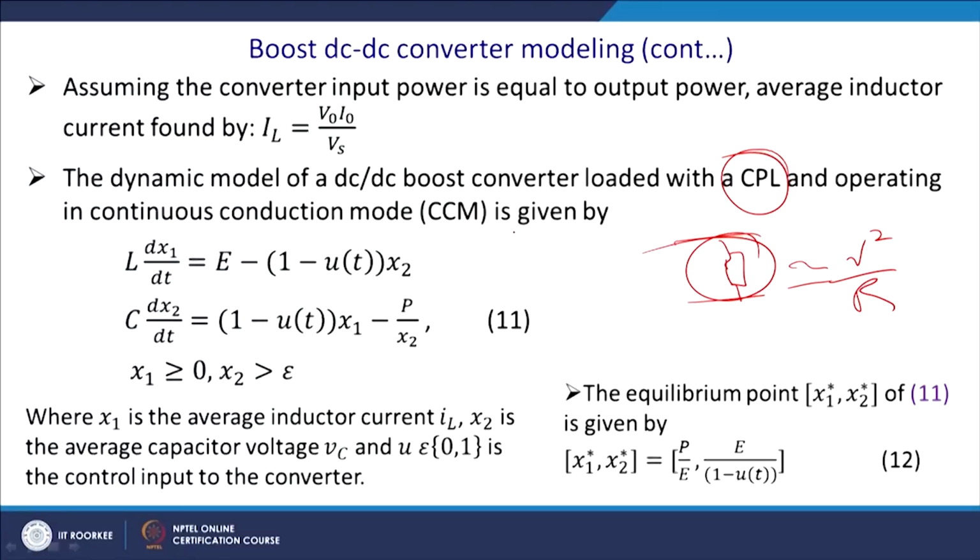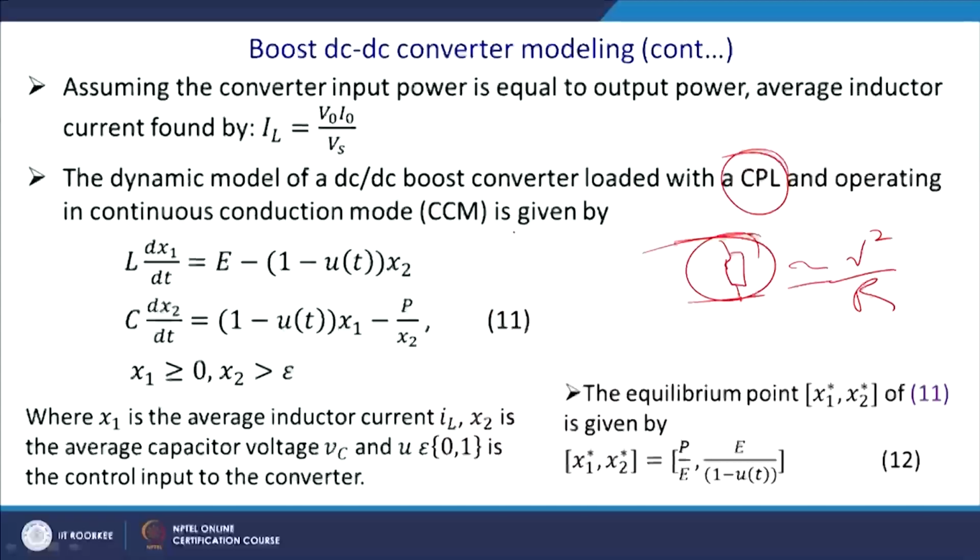So, you can write it down: L dx1/dt equal to E minus (1 minus u) into x2. Similarly, C dx2/dt, similarly for the other parameter, for the continuous conduction mode, it will be (1 minus u) x1 minus P by x2.